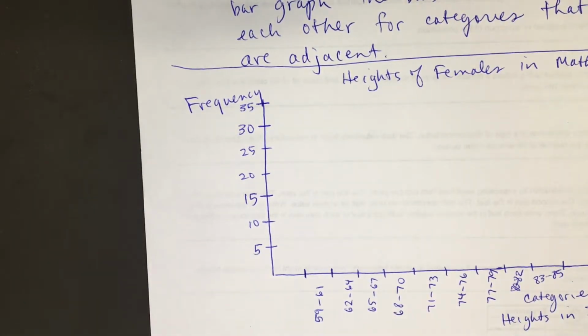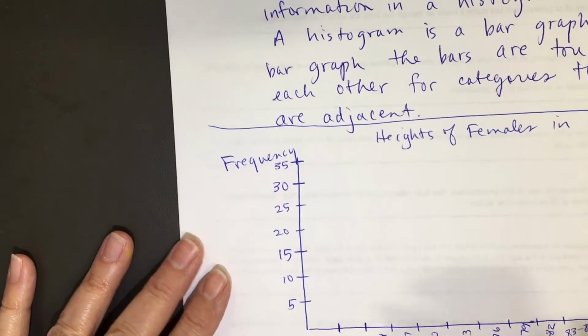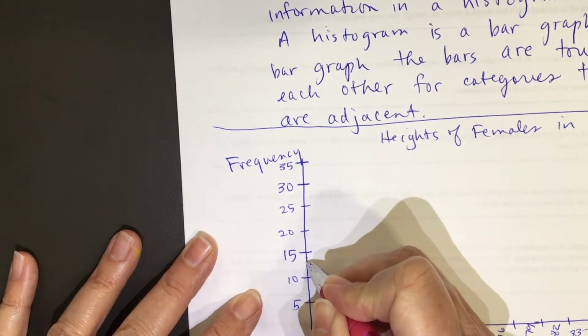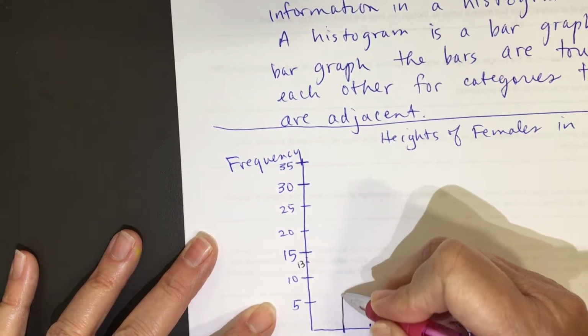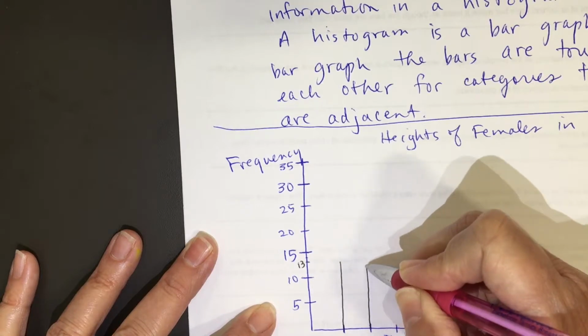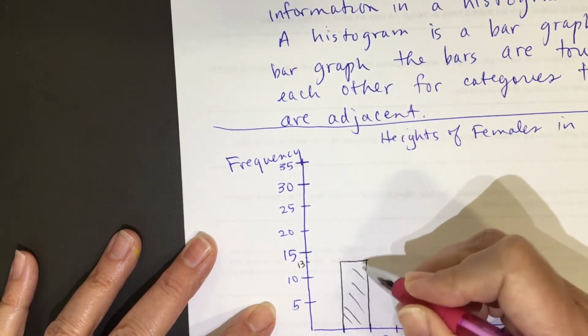For the category 59 to 61, 13 people said that. I will estimate where 13 is and draw the bar that goes up to 13, and they'll usually shade it in.